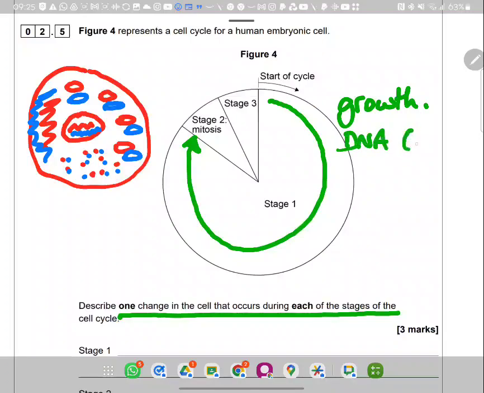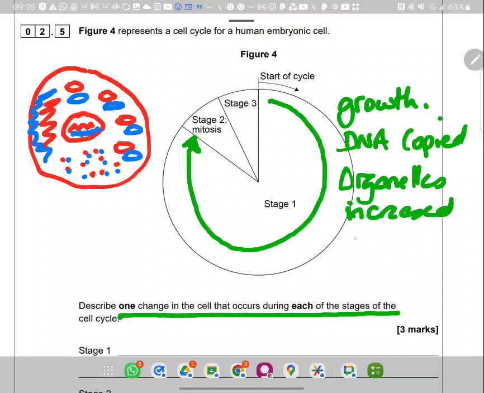We've got DNA is copied. We've got organelles are increased. And why not? If this was a 6 marker, name them: mitochondria, ribosomes, cytoplasm. And that is all happening in this stage 1.